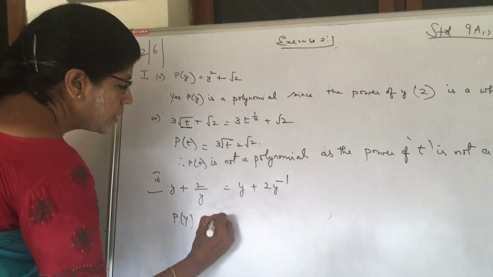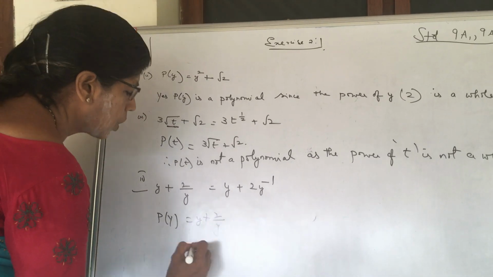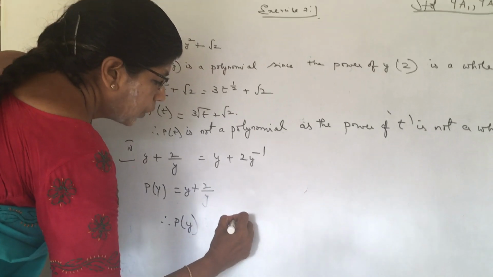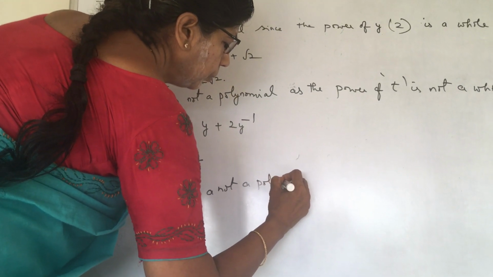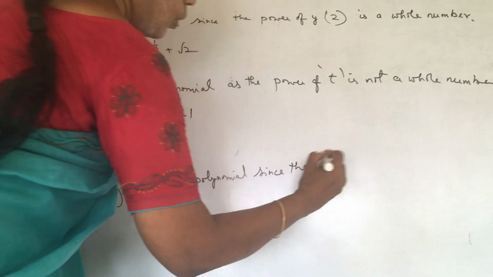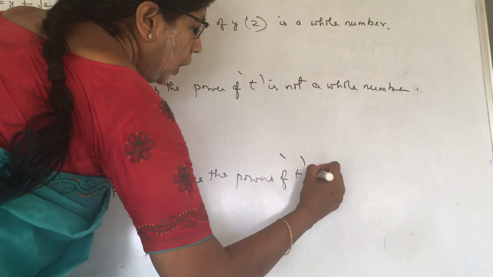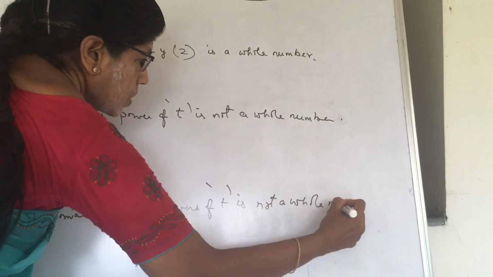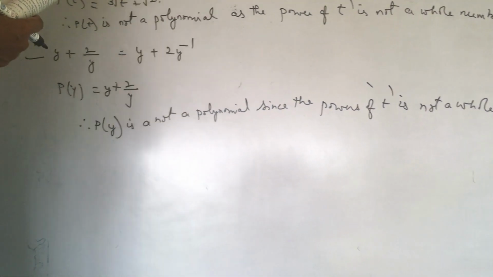P of y is equal to y plus 2 by y is not a polynomial, since the power is not a whole number.